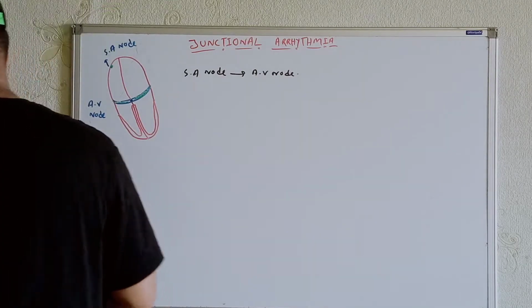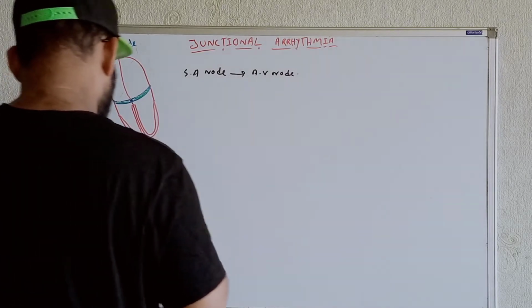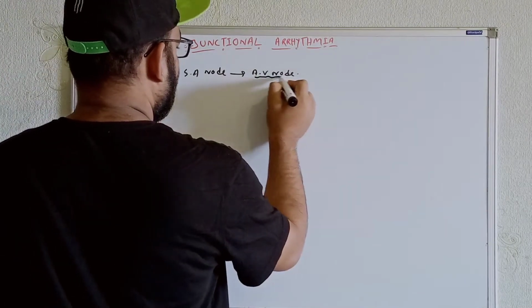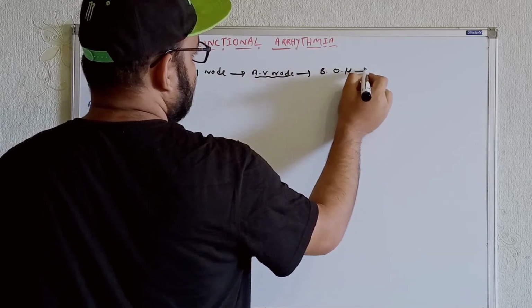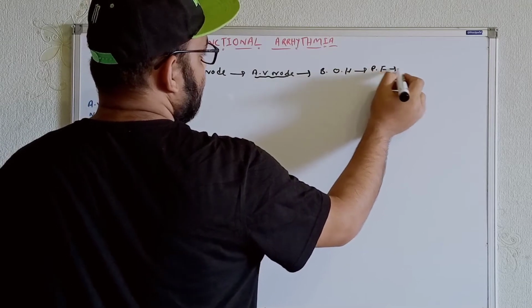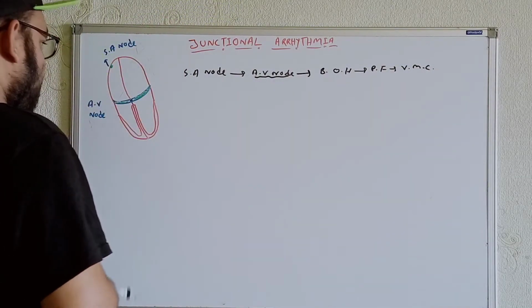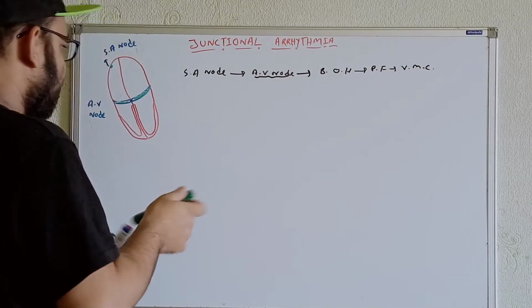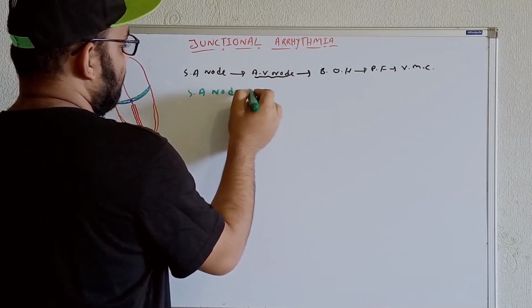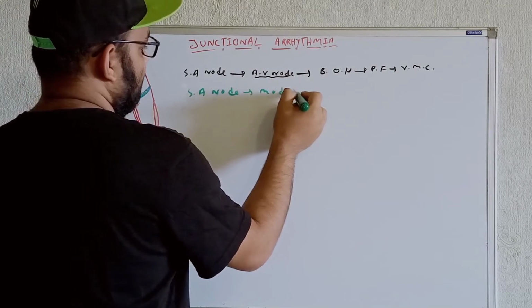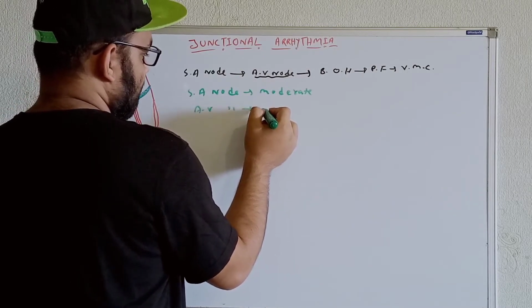So let's write it over here. After the AV node, the impulse will come to the bundle of His, then to the Purkinje fibers, then to the ventricular myocardial cells. Now, as I said, within the SA node the velocity is moderate. In the AV node the velocity is slower.